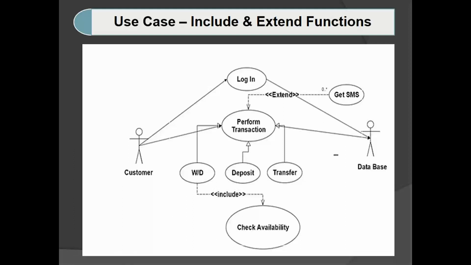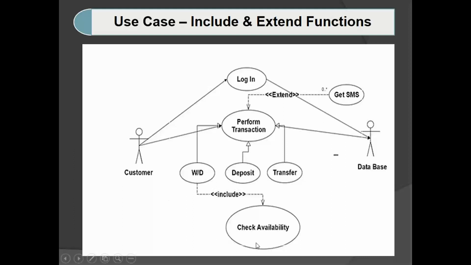Then the system will start checking. The available balance is 6,000 and you made a request for 2,000. So 6,000 minus 2,000 equals 4,000. But the minimum balance should be 5,000. So it is not meeting the criteria in case you withdraw this money.